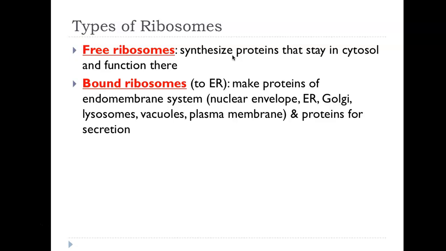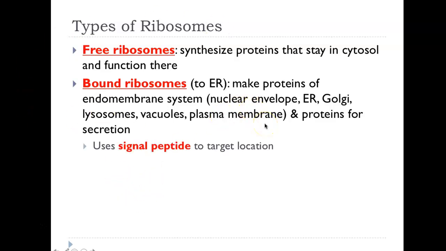No, free ribosomes are in the cytosol. They make proteins to be used for that cell. Bound ribosomes bound to the ER are going to make proteins that need to be packaged and processed and sent out of the cell for other cells to use. It could be signaling molecules. It could be like anything. They help each other out. All right? Make sure you get that down.